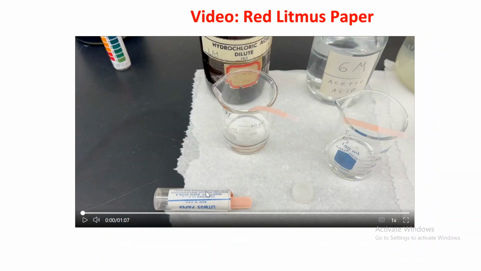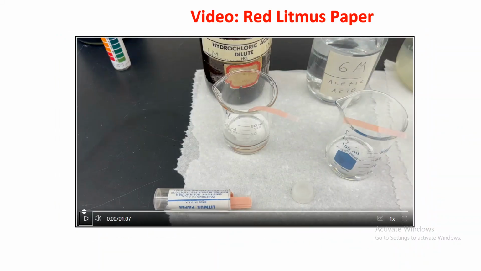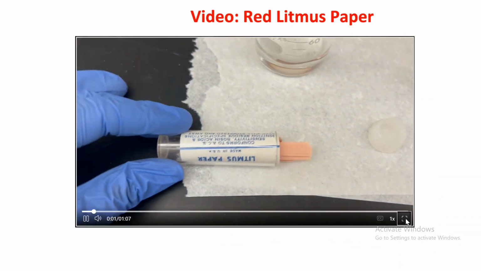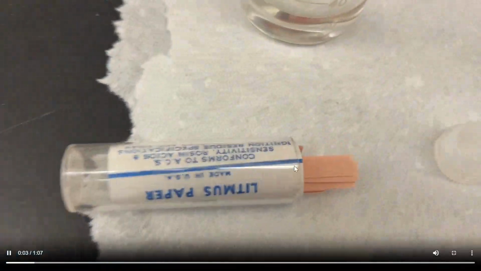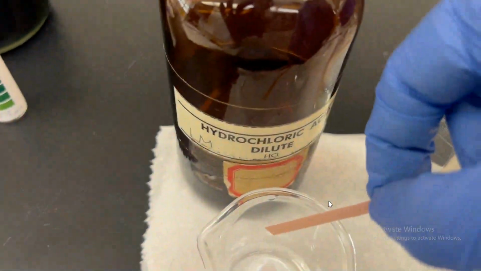Now we're going to try red litmus paper and see what happens. So we're going to take red litmus. Here it is, red litmus paper, and we are going to dip it in hydrochloric acid.